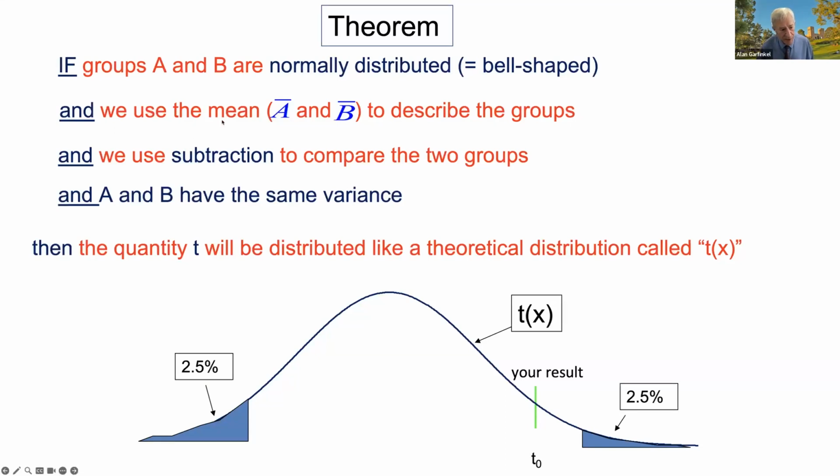Second heavy assumption, you have to use the mean value to describe the groups. Third heavy assumption, you have to use subtraction to compare the two groups. If all of these things are true, a student can prove a theorem that the quantity t will be distributed like a theoretical distribution called t of x, and then you compare your result to the tails of the t of x to judge statistical significance.